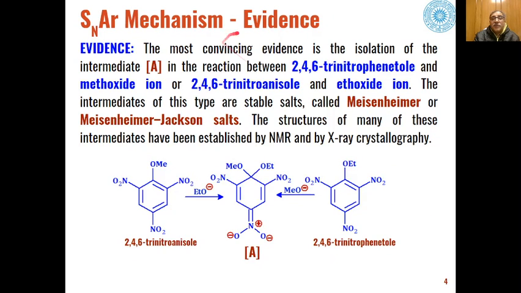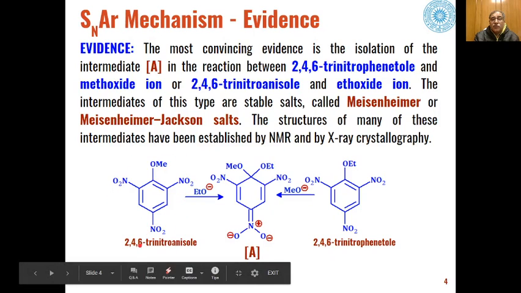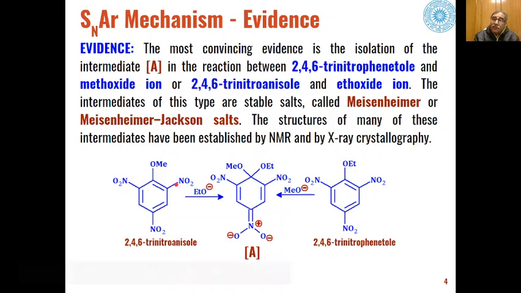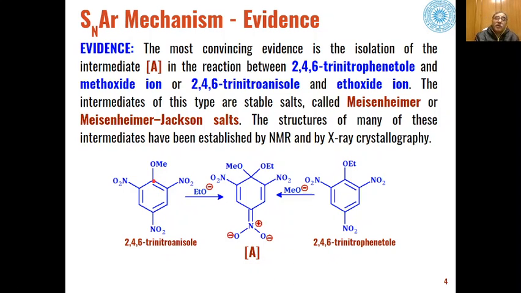Then evidence for the existence of this type of bimolecular mechanism comes from, say, if we have this type of substrate, 2,4,6-trinitroanisole. All these three groups are electron withdrawing groups, and when they are present at these positions, this carbon will become very electrophilic, so that it will be easier for the nucleophile to attack this carbon, this ipso carbon.